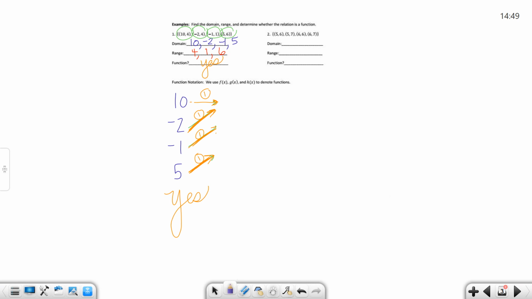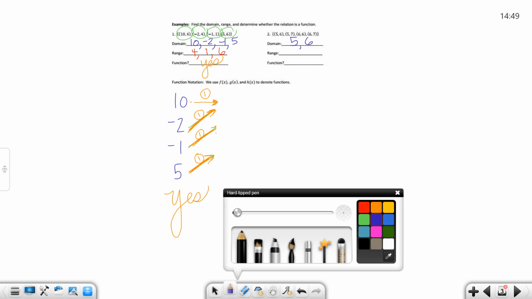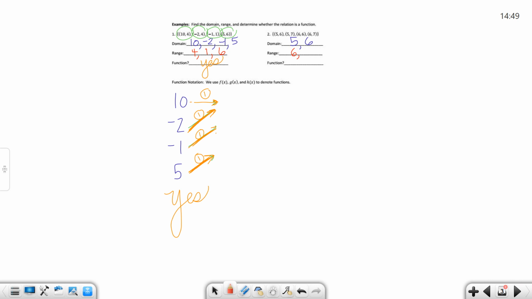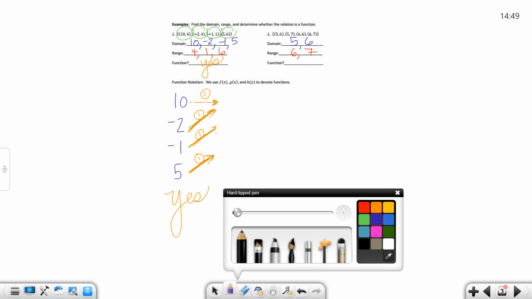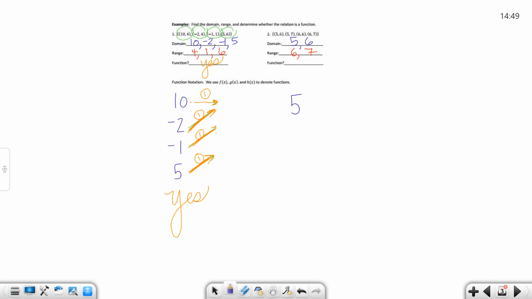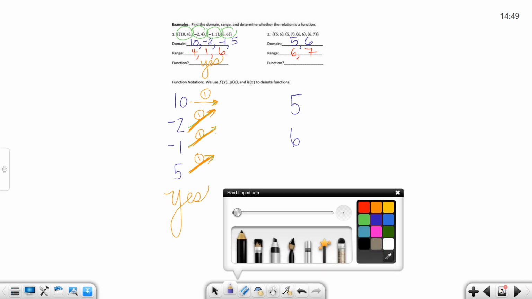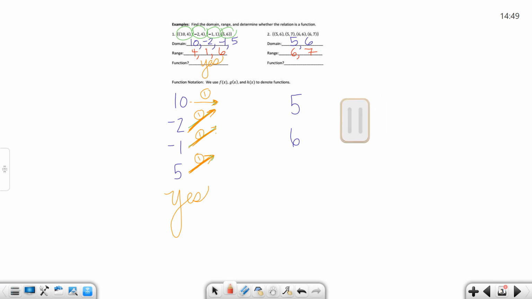Okay, let's try it again with the second one. My domain would be 5 and 6. My range would be the y values, 6 and 7.